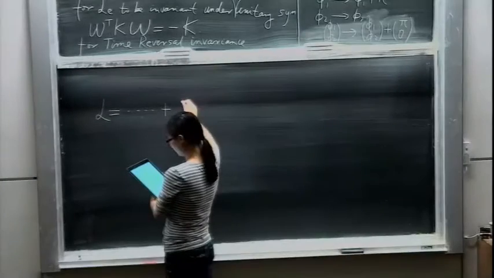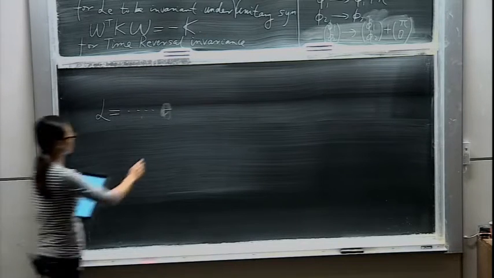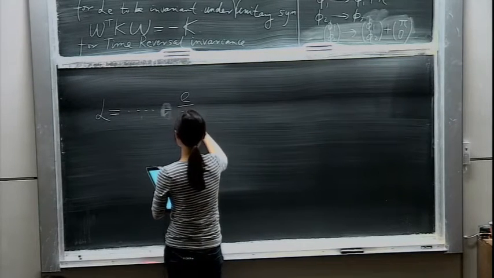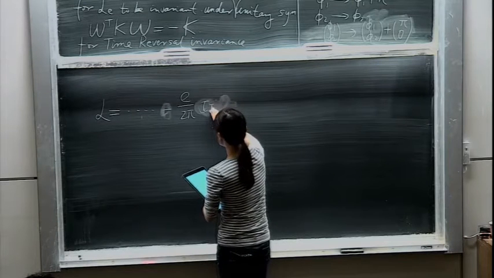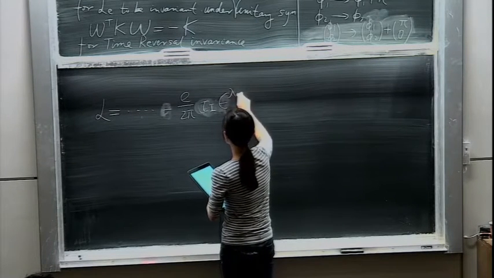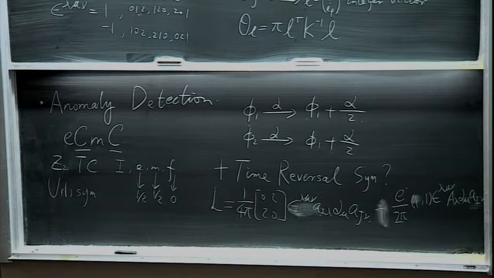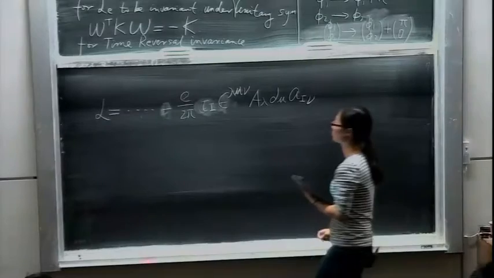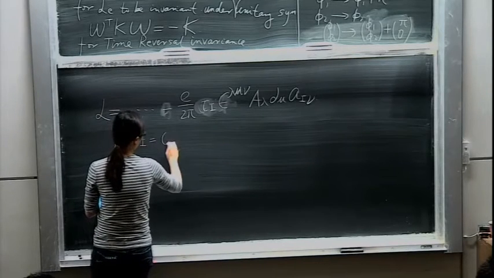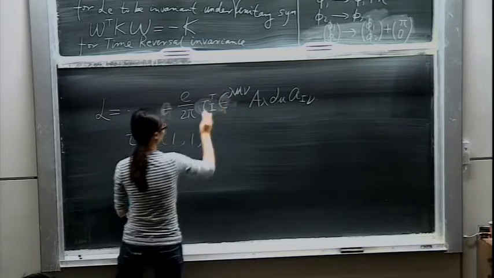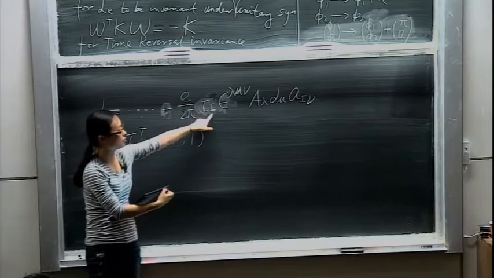The second term is... so tau is the vector of 1, 1, and tau_i are the components of this vector.